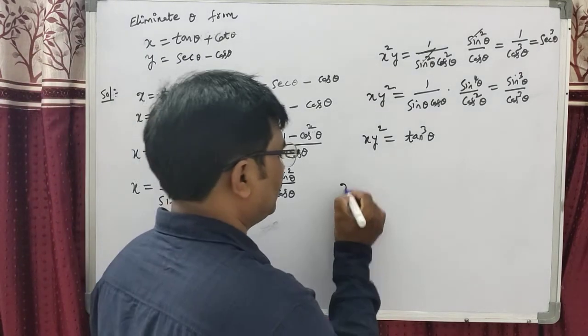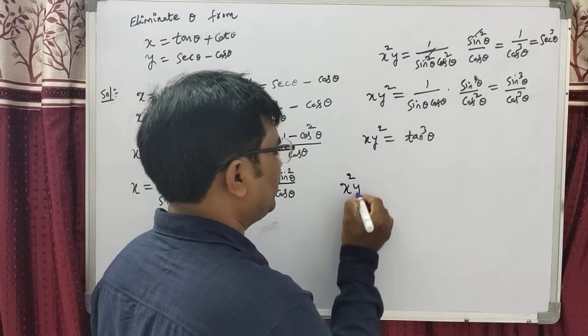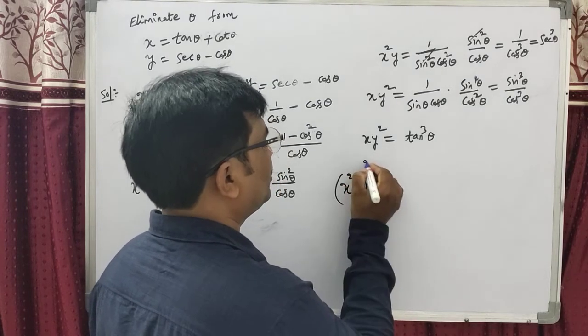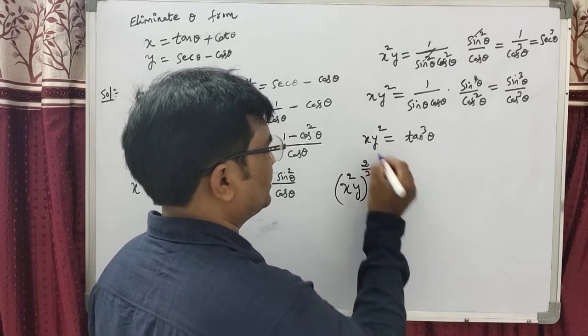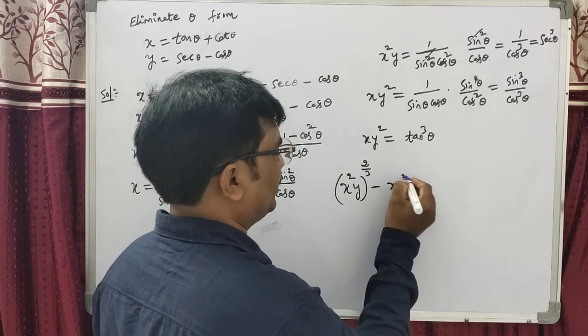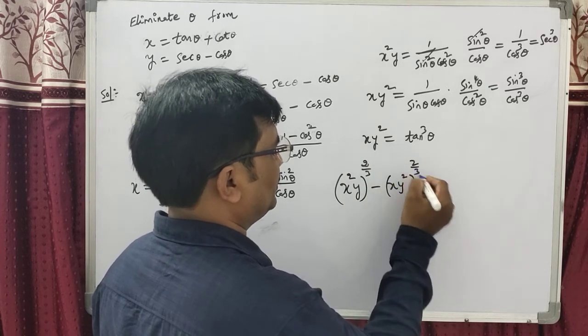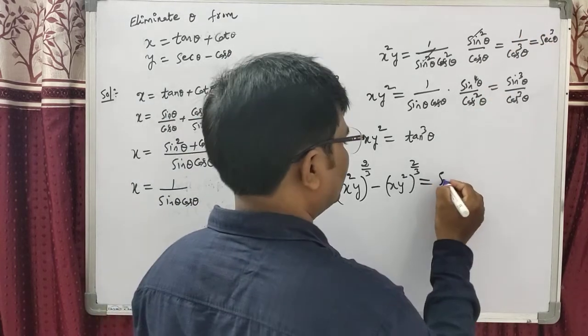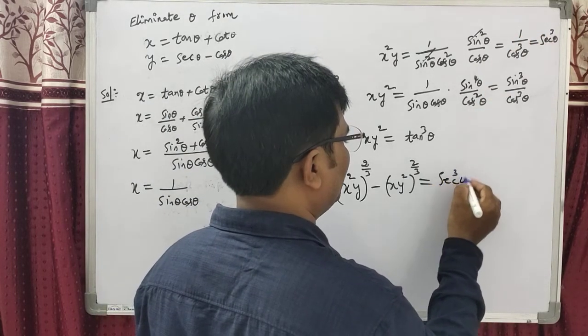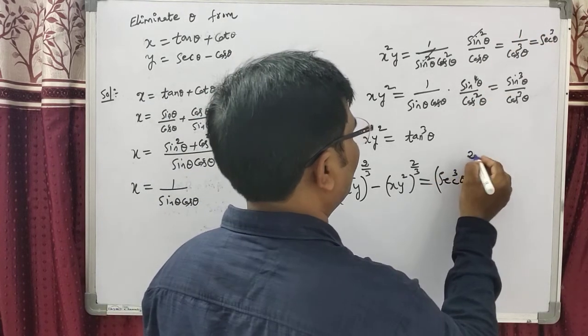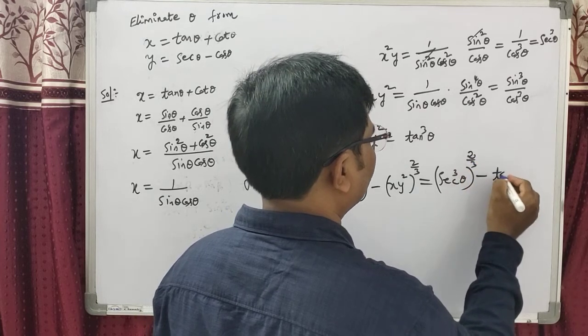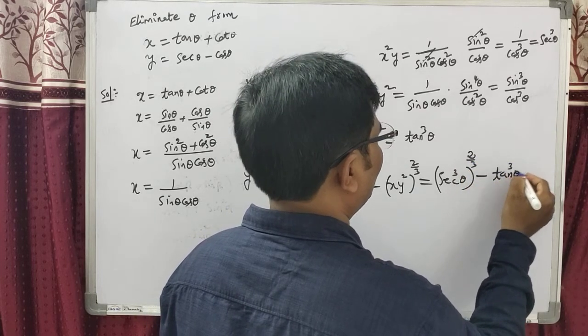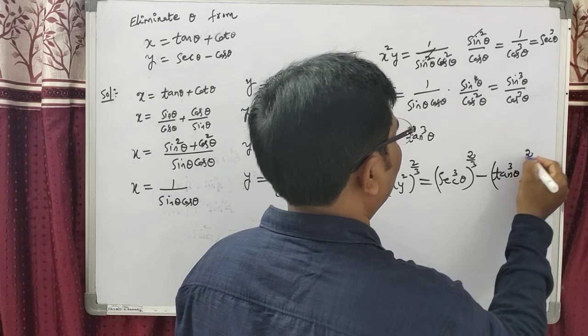Therefore, students, we are taking x square y whole power 2 by 3 minus xy square whole power 2 by 3, that equals the secant cube whole power 2 by 3 minus tan cube theta whole power 2 by 3.